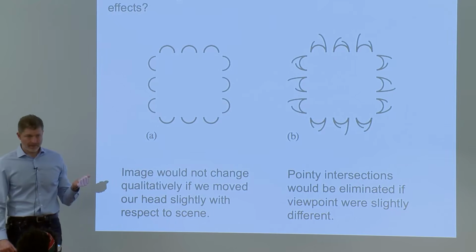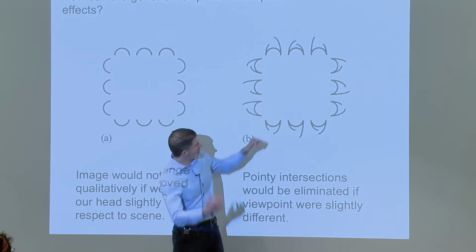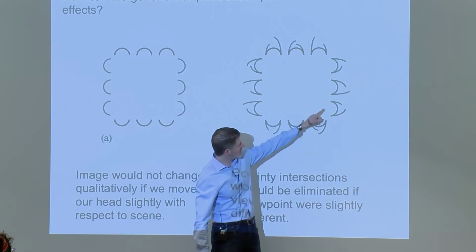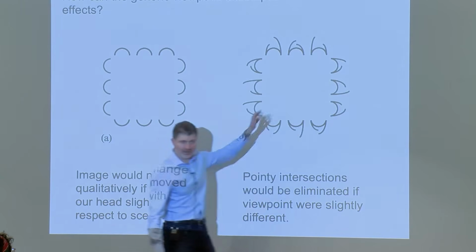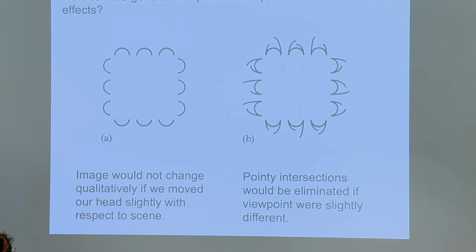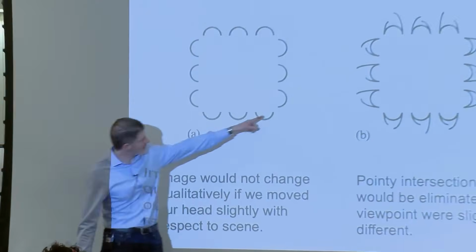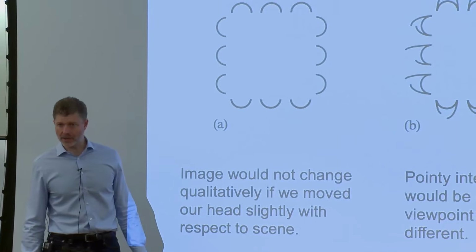Specifically, imagine there's a white square here and you change your view. Then the image is going to change because the square is now going to overlap with these features differently than it otherwise would. So you need to posit an accidental viewpoint here. Whereas in this case, that's not so true. From a different viewpoint, you still get line endings. They just move around a little bit, but the image doesn't qualitatively change.